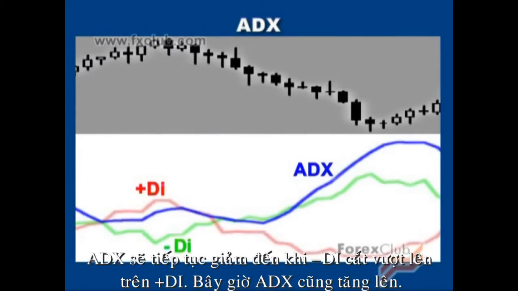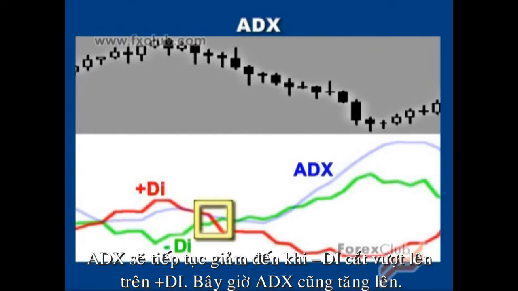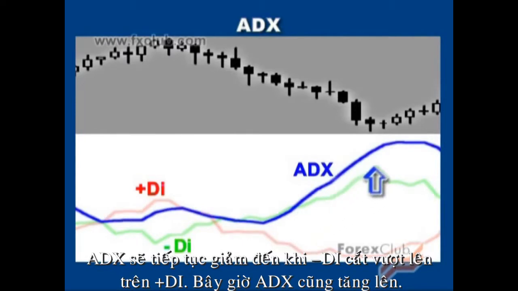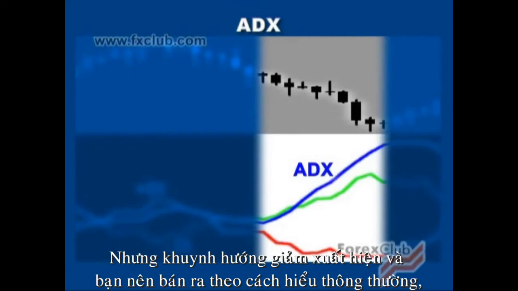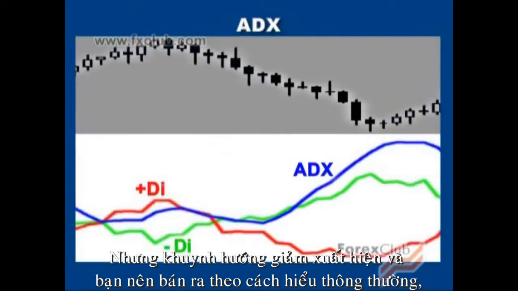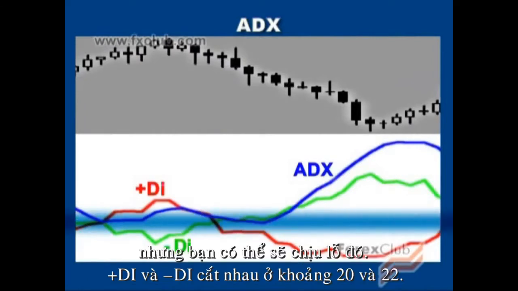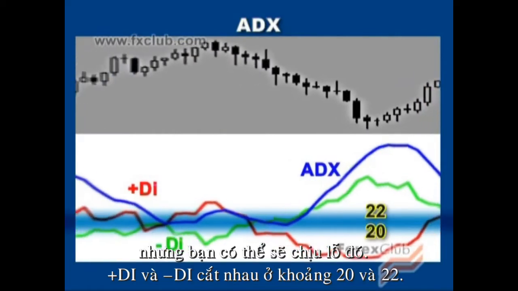ADX will continue to fall until minus DI crosses plus DI above. Now ADX turns up too, and the downtrend is registered by the system in the standard manner, but this could cost you. Plus DI and minus DI cross around 20 to 22.